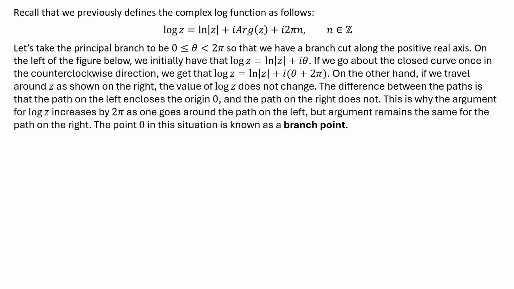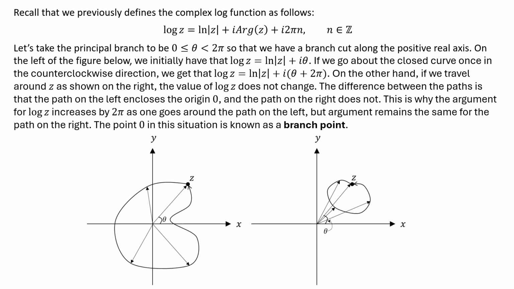So we can take the principal branch being between 0 and 2 pi, or you might recall we also said it was possible to go between pi and minus pi, or a number of other possibilities, but let's just take this as the principal branch. And what I want to show here is the concept of a branch point.